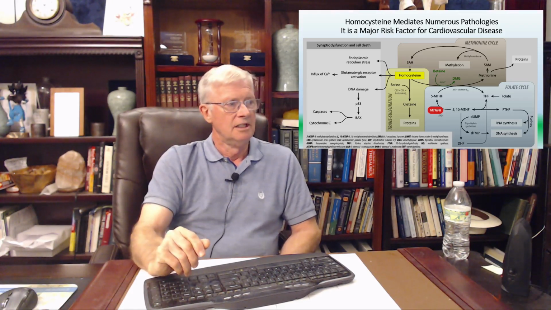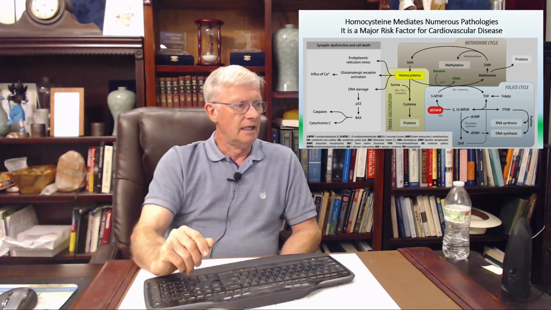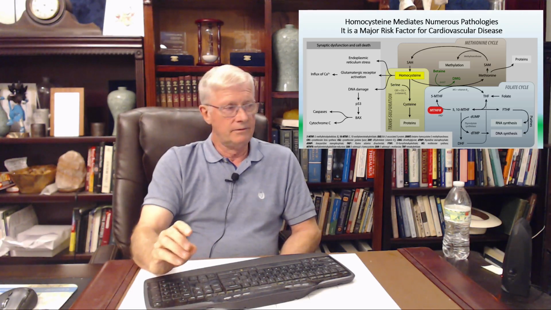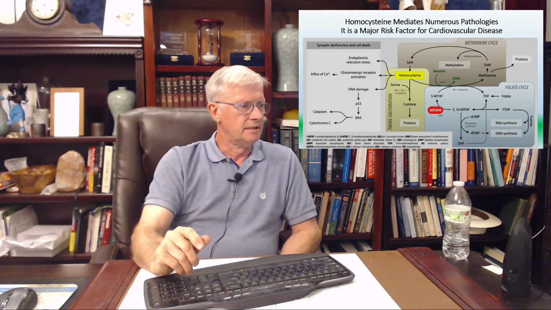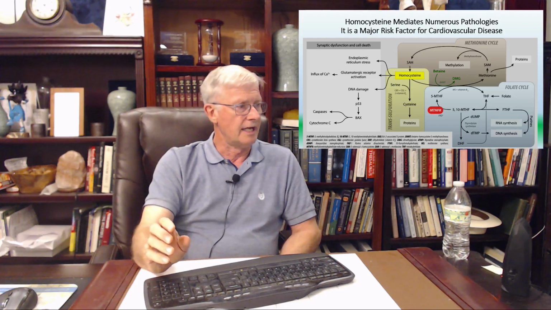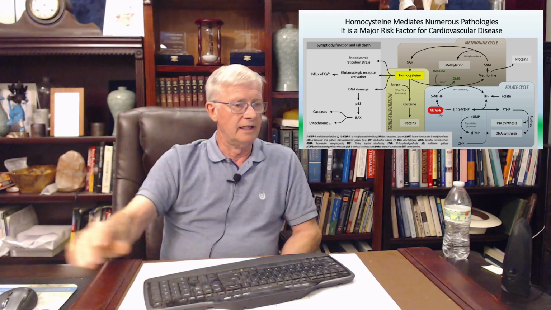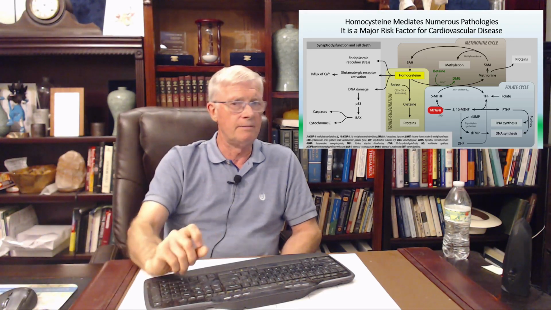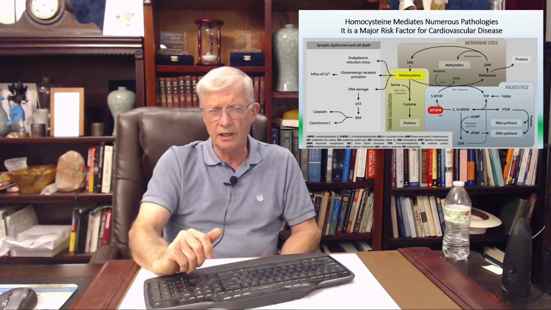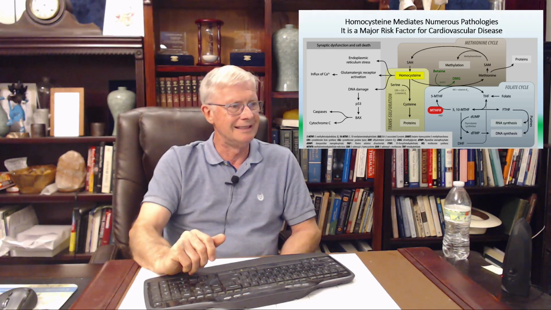DNA damage and activation of these p53 genes, which actually causes the cells to die. So it can do a lot of nasty things, and particularly it's very bad for the heart and the brain. We know that elevated homocysteine is.